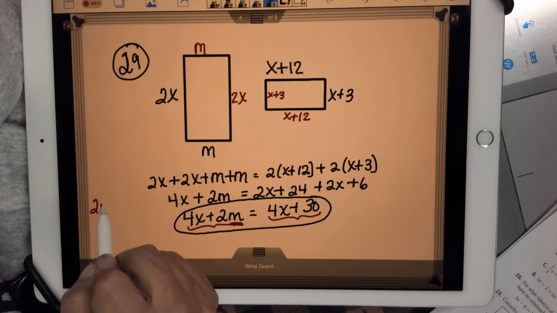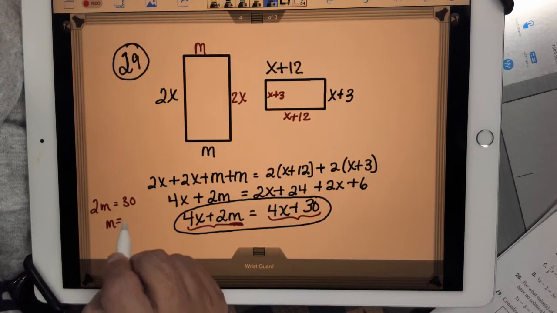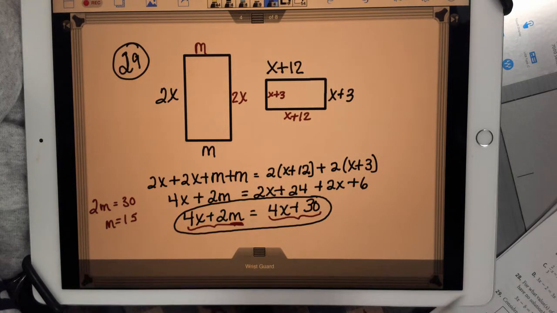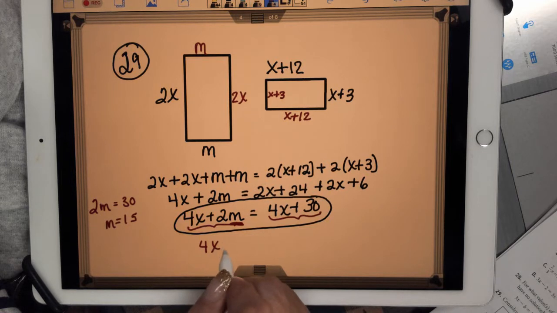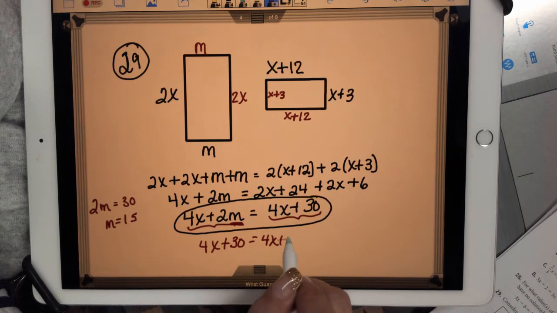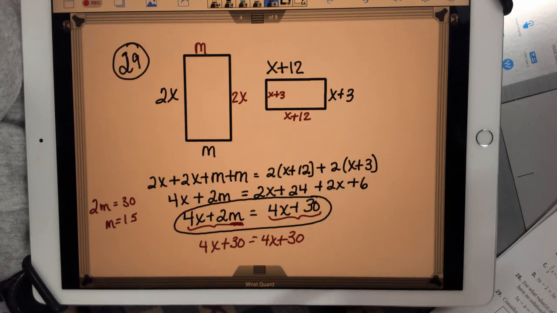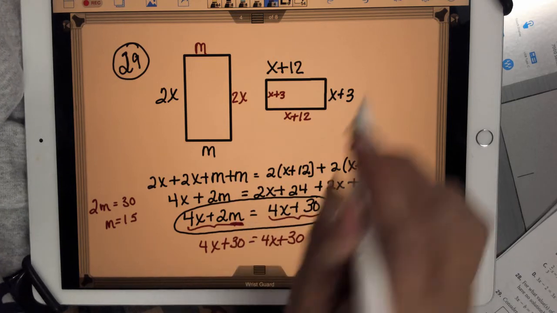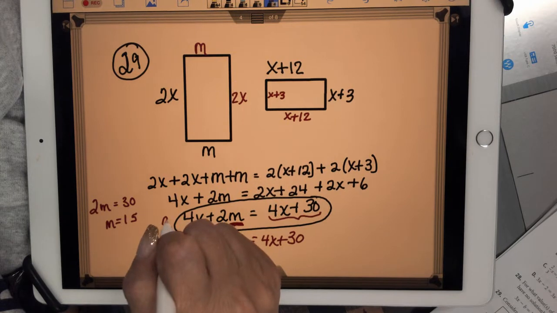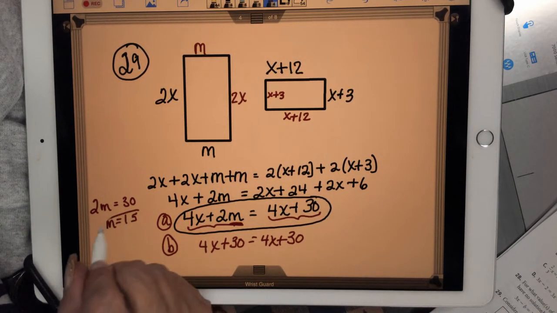In order for 2m to equal 30, m would have to be 15. So if m was 15, wouldn't I get 4x plus 30 equals 4x plus 30? Yeah, I would, and that would be infinitely many solutions. So this was my A, and B would be m equals 15.